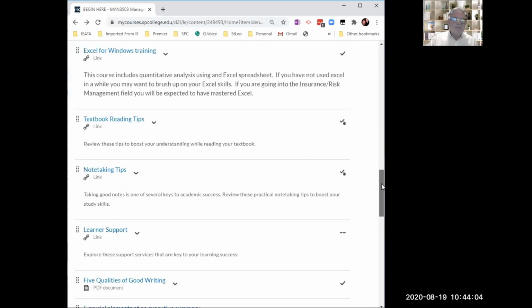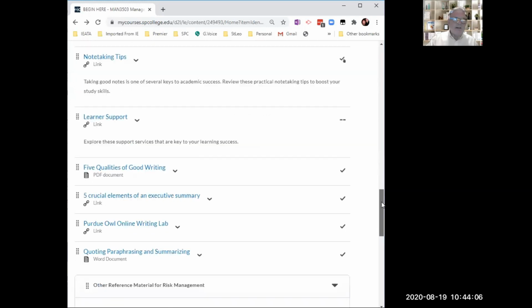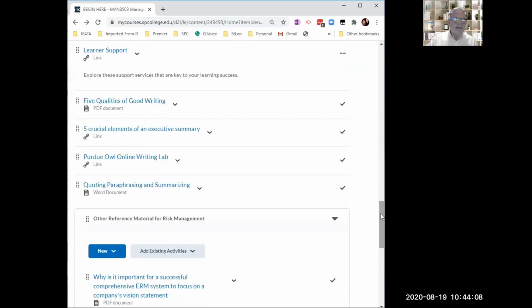I've got tips for good writing, and particularly be sure to look at this quoting and paraphrasing summary. Some people had some difficulties with the syllabus quiz, and I suspect it's probably because students were assuming that paraphrased information doesn't have to be cited, but it does.